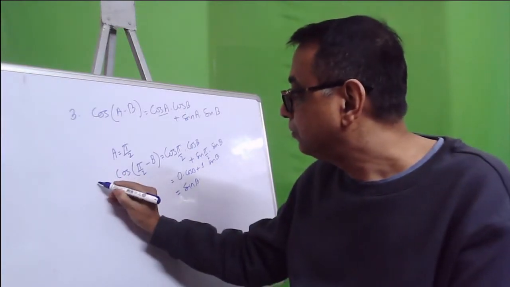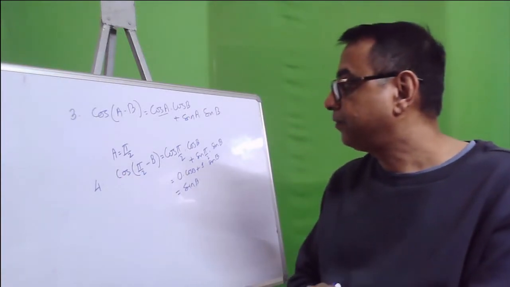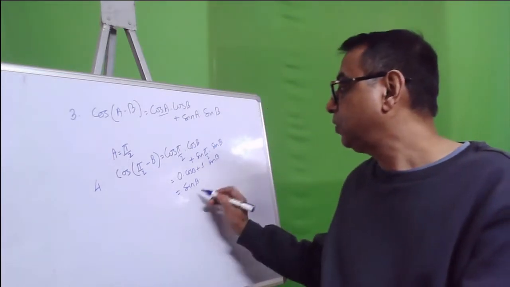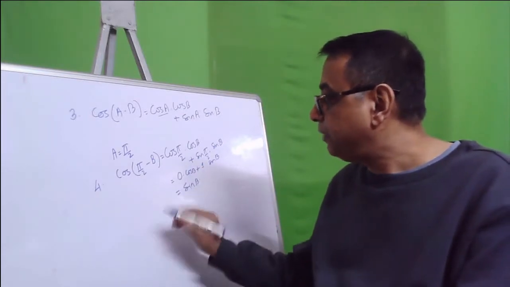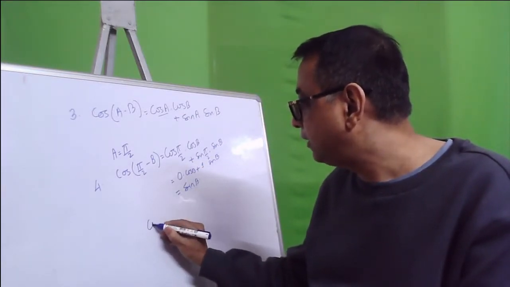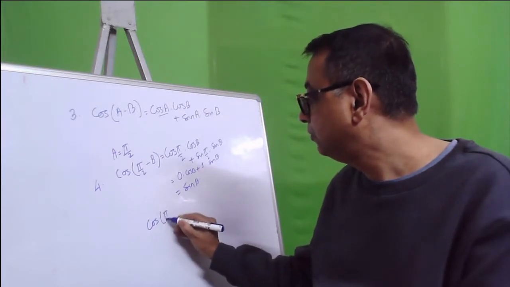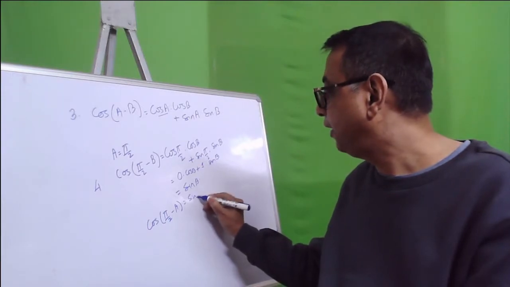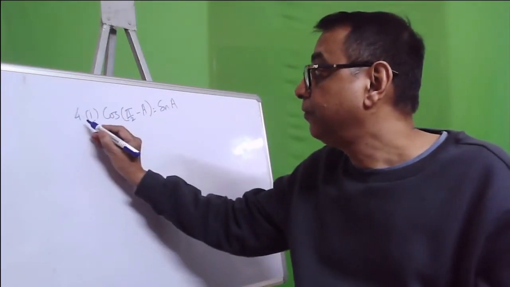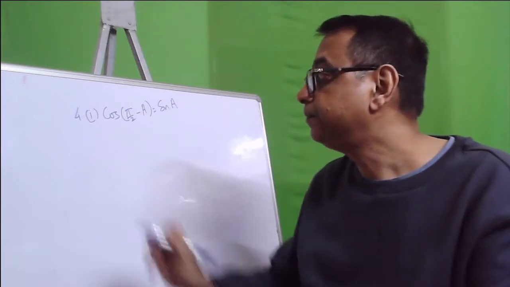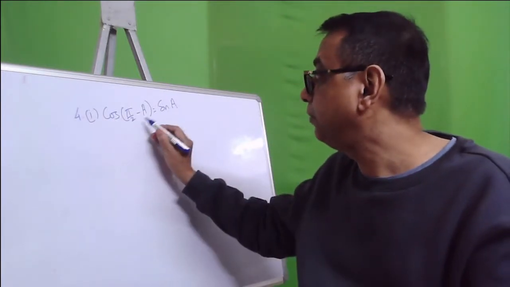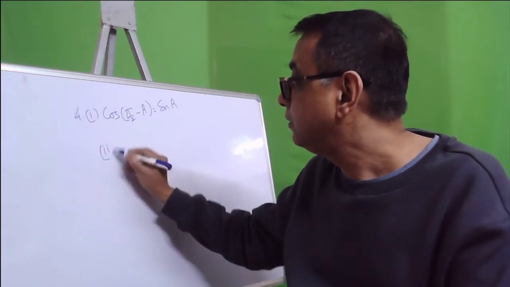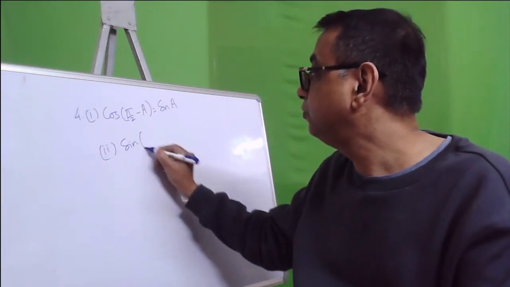So identity number 4 is cos pi by 2 minus B is equal to sin B. If you replace B by any angle, say let's say cos pi by 2 minus A, it will be sin of A. So identity number 4, part 1 is cos pi by 2 minus A is equal to sin A. Now, what will be sin pi by 2 minus A?